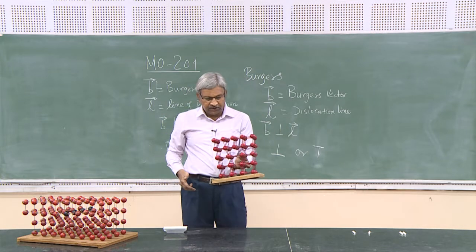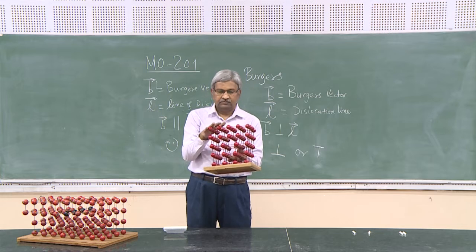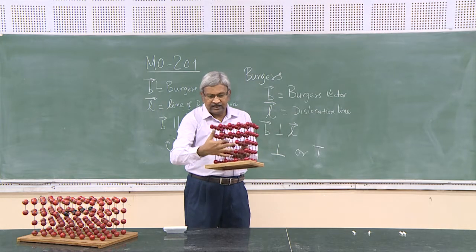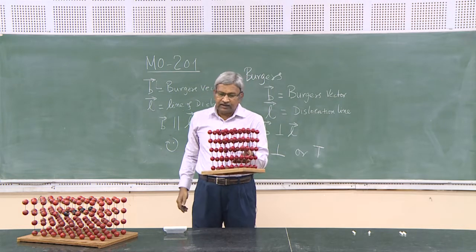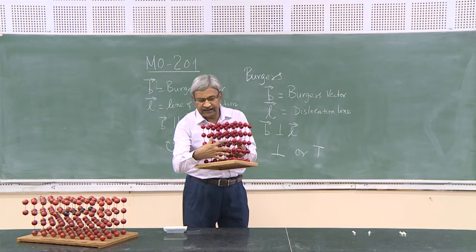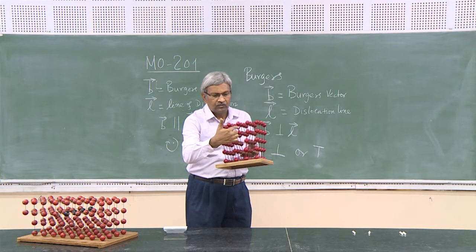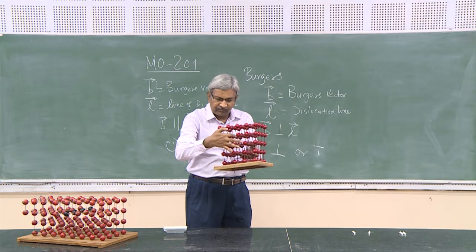Now, suppose that under the action of a shear force, this guy comes to this side, then what is going to happen? This bending will appear here. Right now the missing step is here, the missing half plane is here.